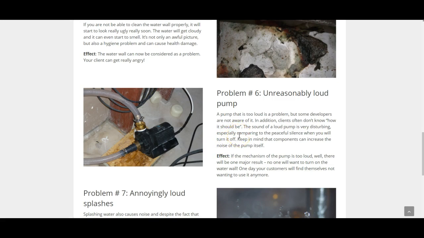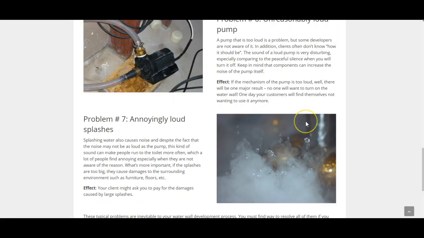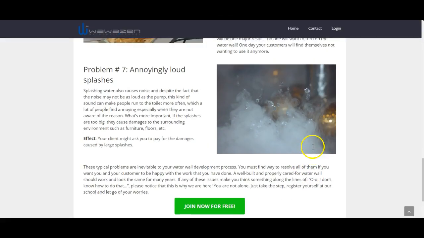And as I said, some pumps are not silent by themselves, so you really need to find pumps which are silent by themselves so that you can avoid the loud pumping noise, which can destroy the whole effect of a beautiful water feature. And then the seventh problem is loud splashes.